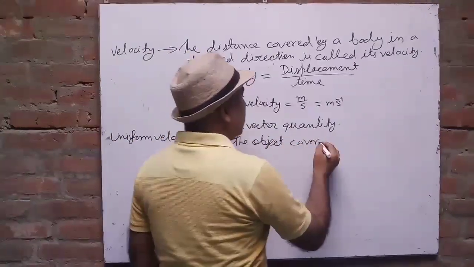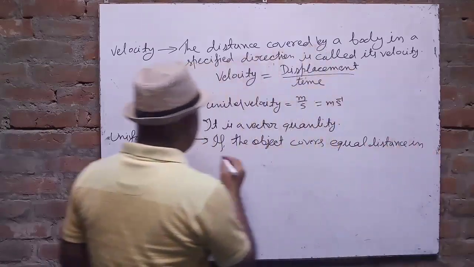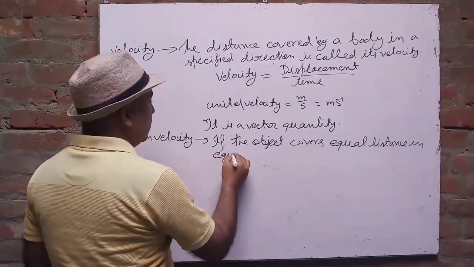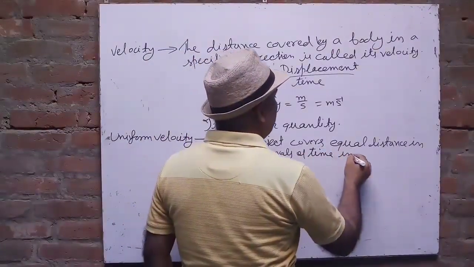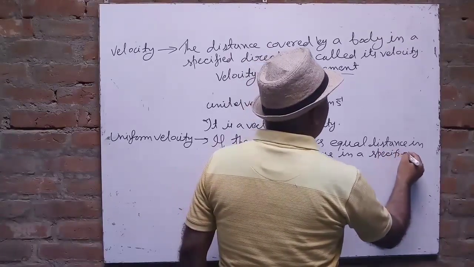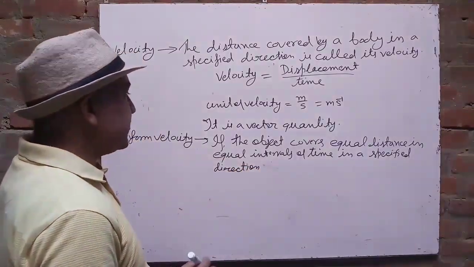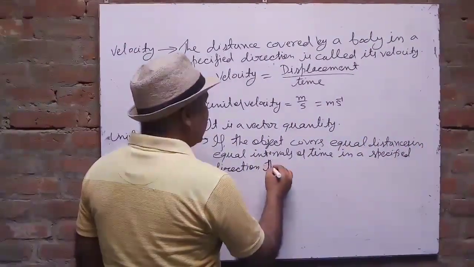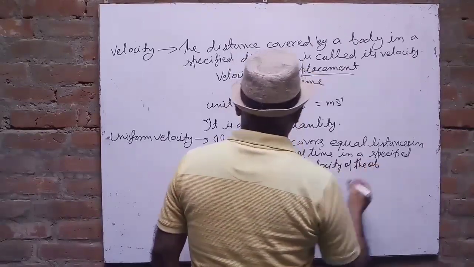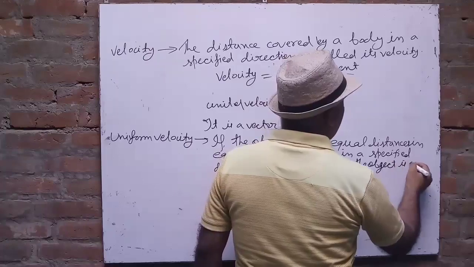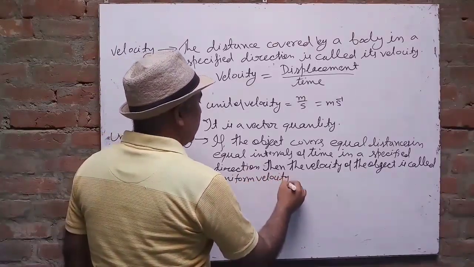If the object covers equal distances in equal intervals of time in a specified direction, then the velocity of the object is called uniform velocity.